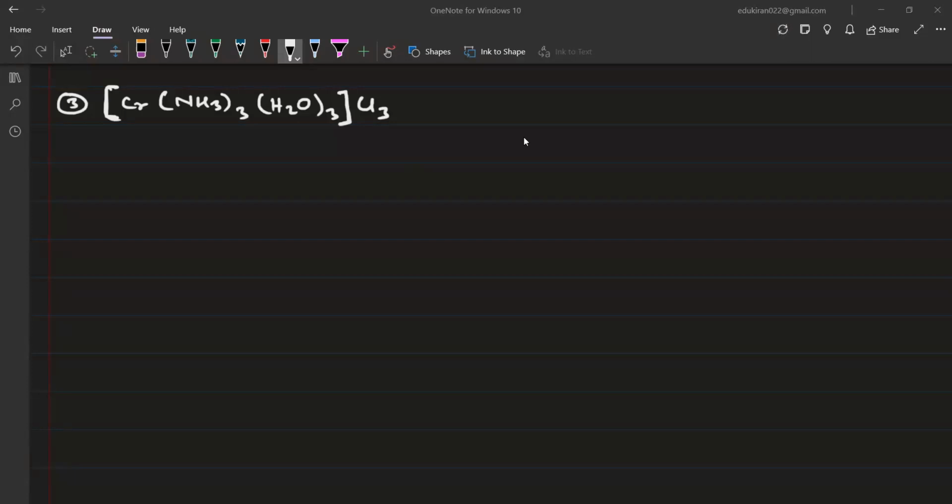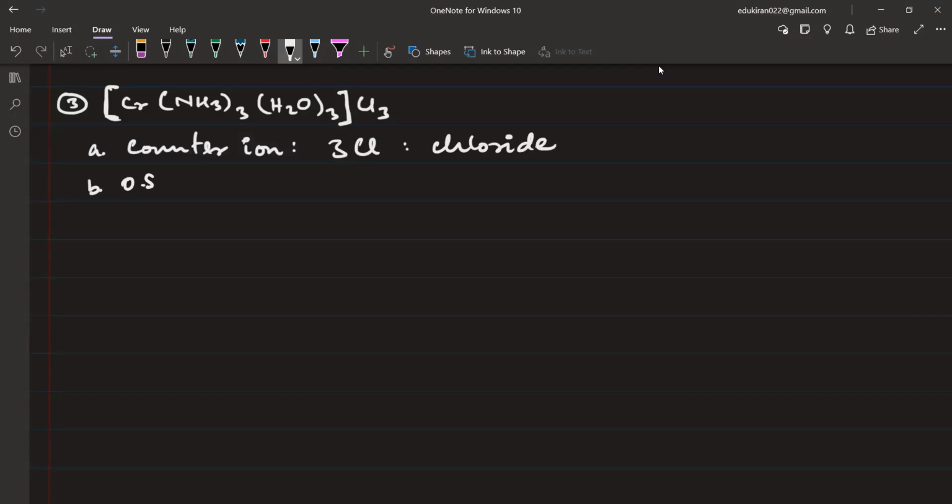Now, first thing is that, what do we have? Counter ion. Counter ion is 3 chlorine. It will be chloride. Next is oxidation state of central metal atom.